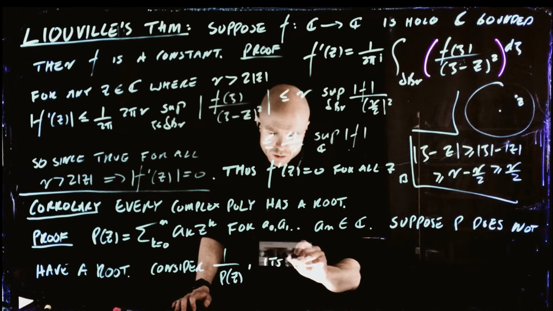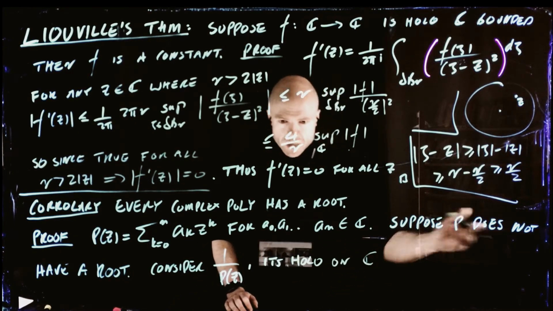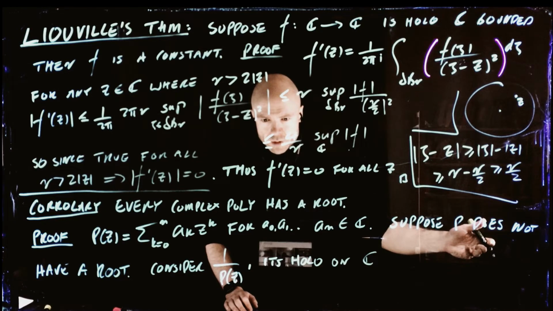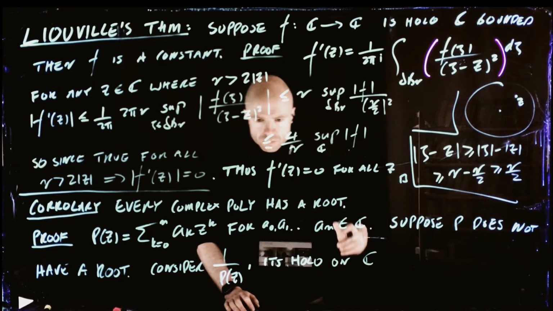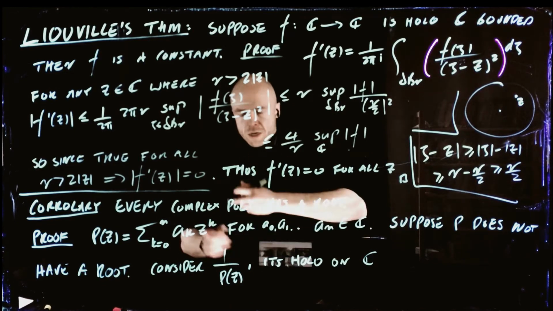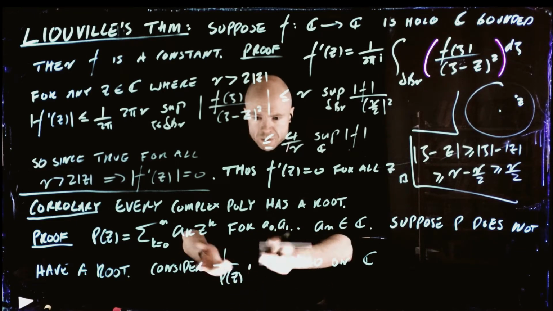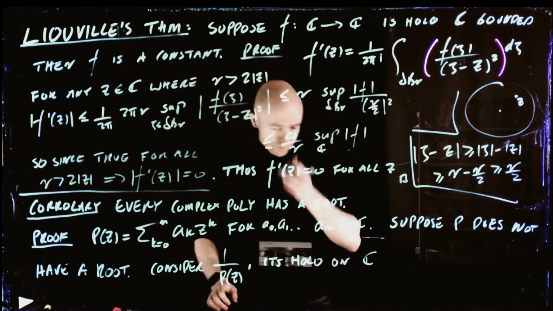So it's holomorphic on the entire complex plane by the assumption that P has no root. Because we know the quotient rule for complex differentiation. We can apply the quotient rule so long as the bottom's non-zero, so everything is cool.